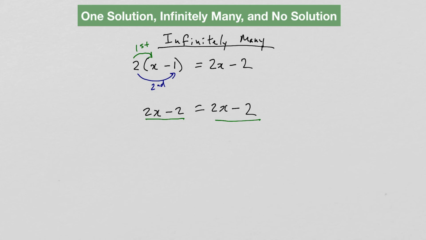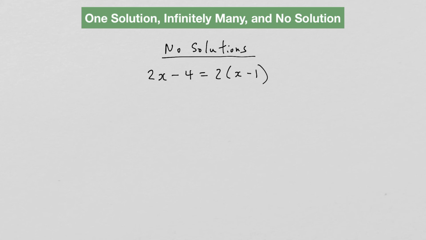Okay, and then moving on to the last example, where we have no solutions. This would be an equation that would look like this: 2x minus 4 is equal to 2 times x minus 1.